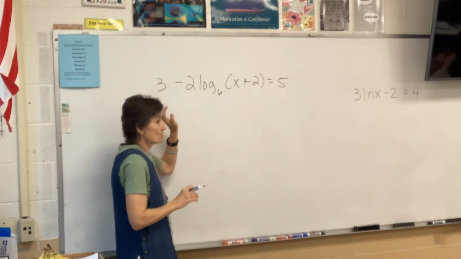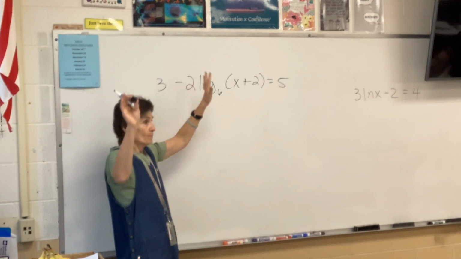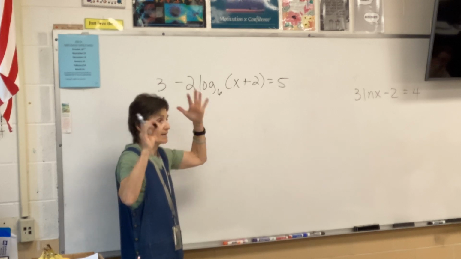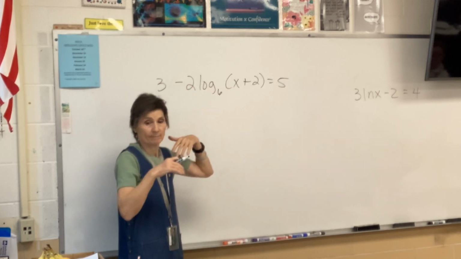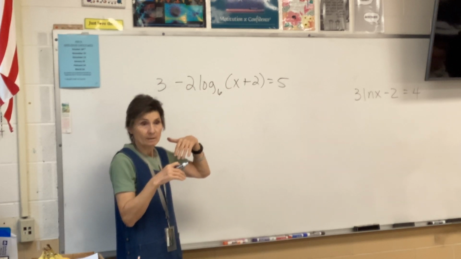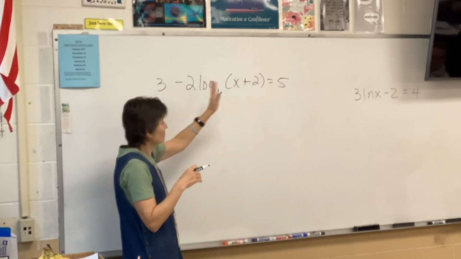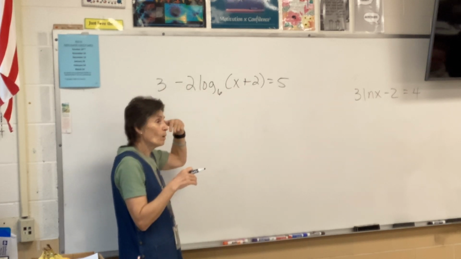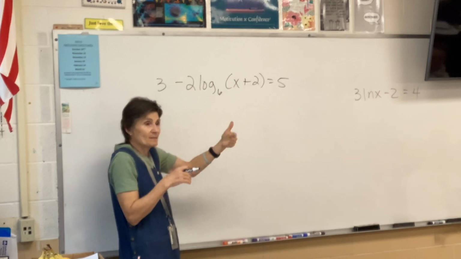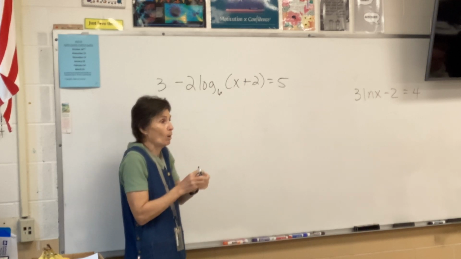Now, I want you to think of it in big terms as a regular equation. All right? So if you have something like this, what kind of just sticks out to you as maybe something we should do to get the ball rolling?